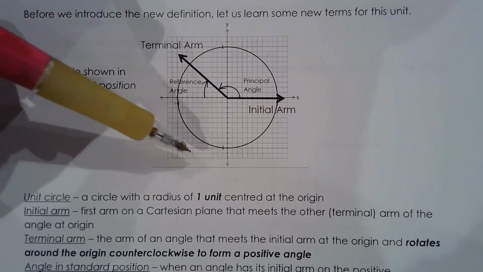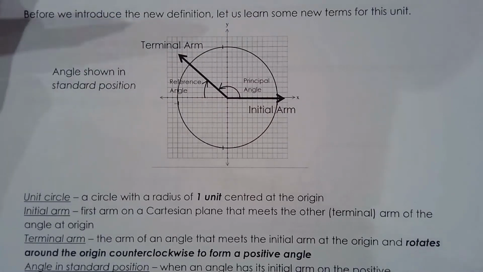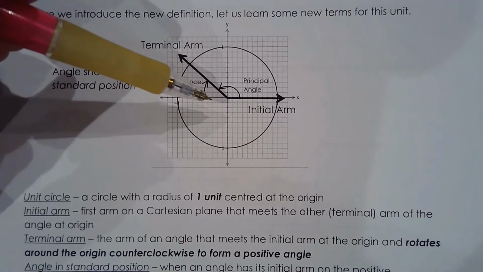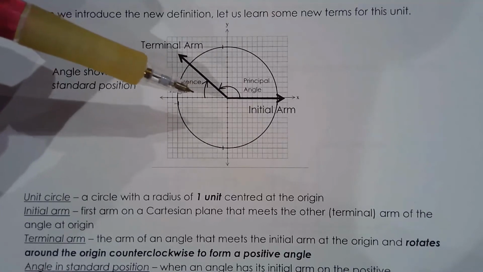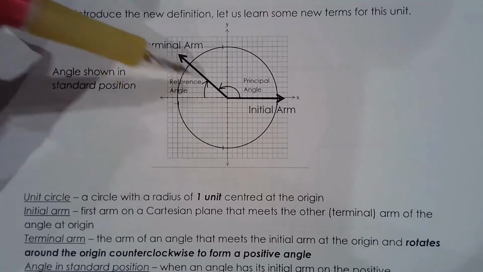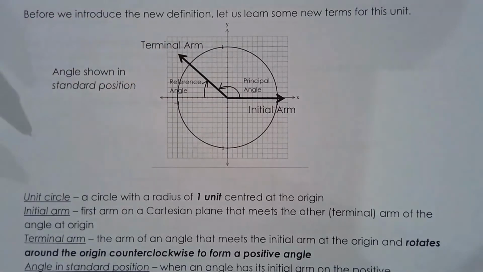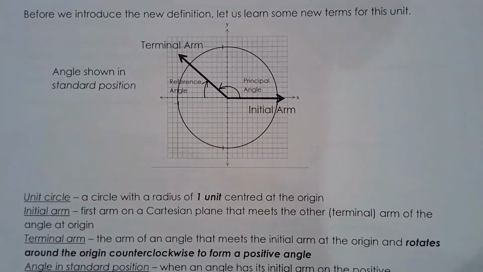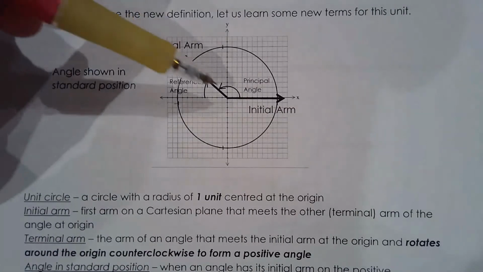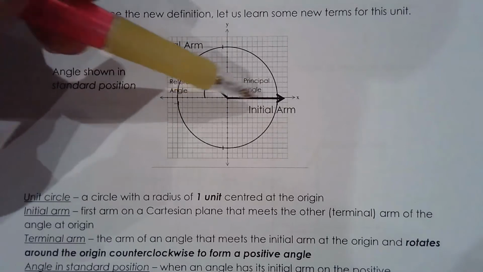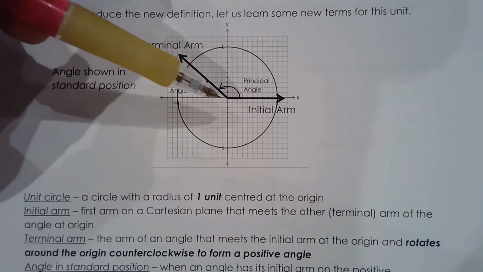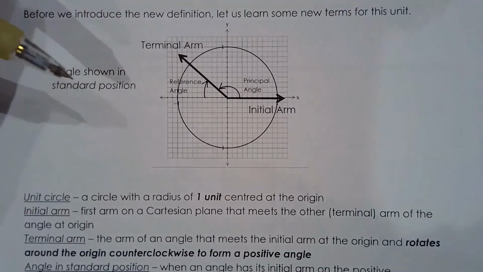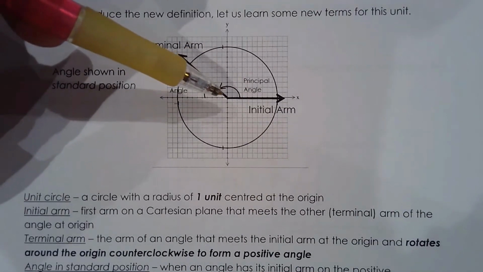And we want to create an angle where the vertex of the angle is located at the origin. If that's the case, you need 2 rays, which we call the initial arm and the terminal arm. And the way it's going to work is the initial arm, we're going to hold that on the positive x-axis. And if the initial arm is on the positive x-axis, we say that the angle is in standard position.